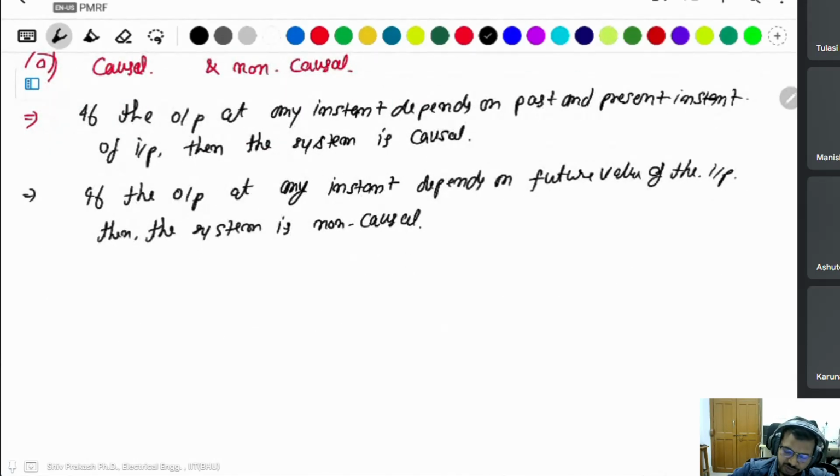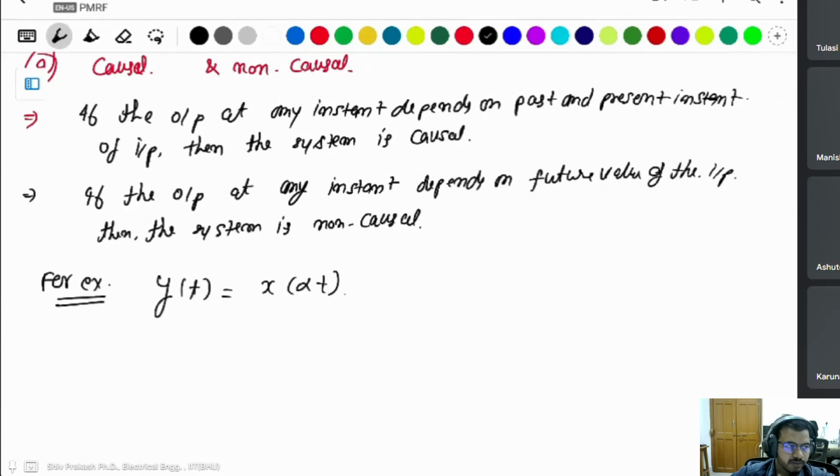Okay. For example, y(t) is equal to x(alpha t).